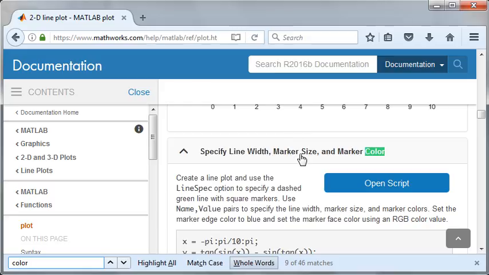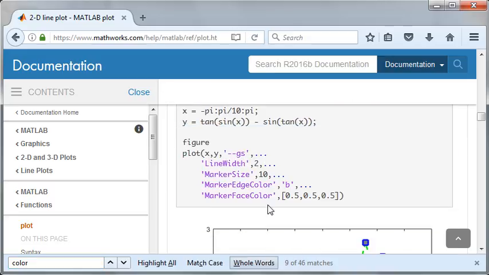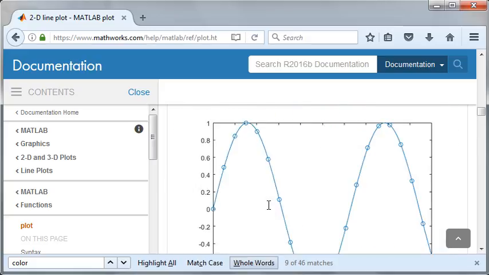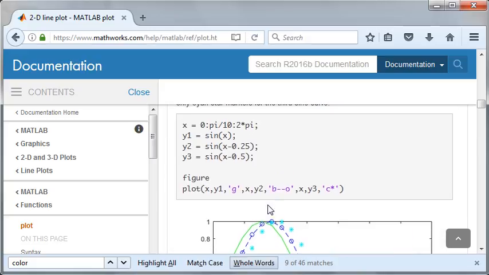It's marker size. I really want line color, but let's see. Marker edge color. How did they make those colors?